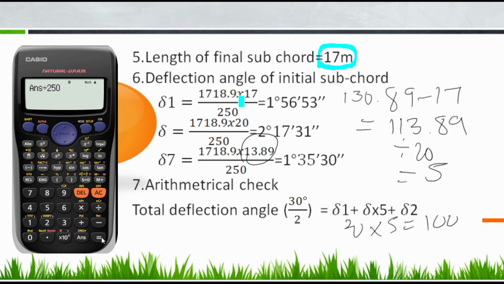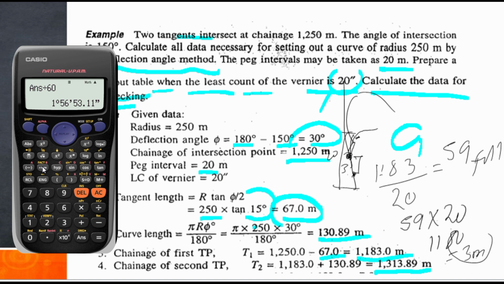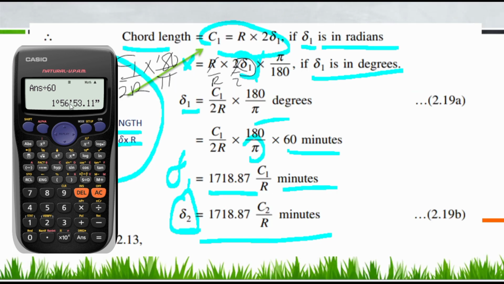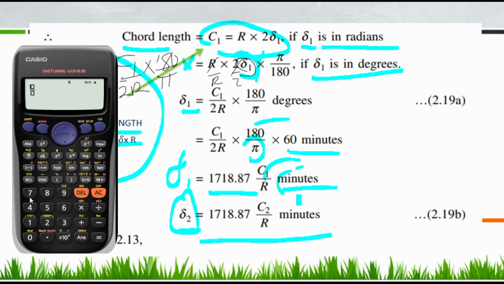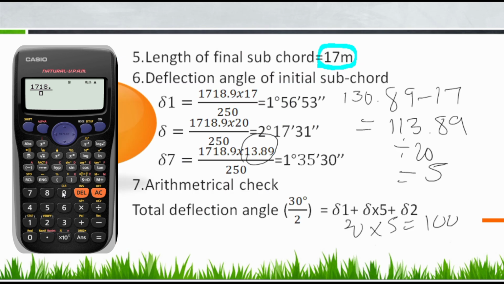Using your calculator, after doing all this, remember to divide it by 60, because our formula was in minutes. So you remember to divide it by 60 in order to make sure you have all your values up to the last.